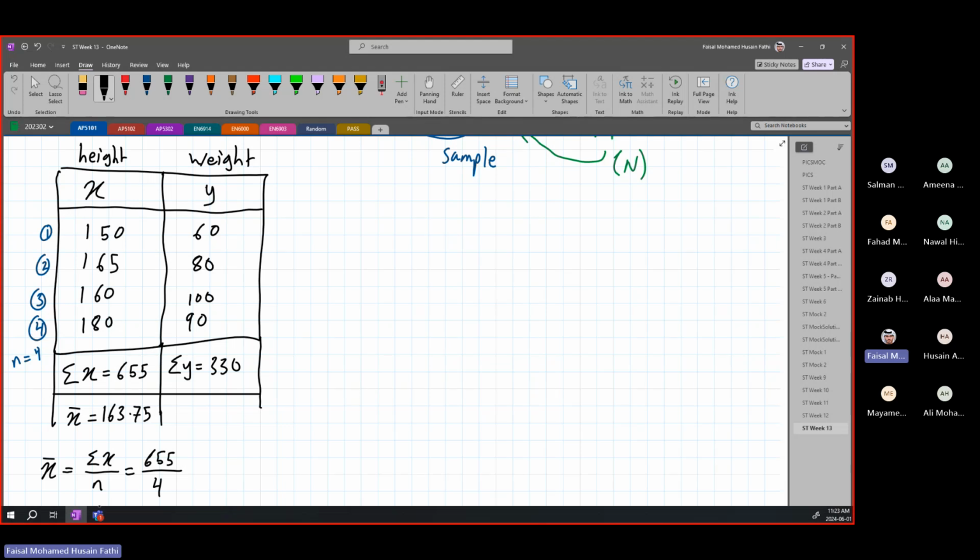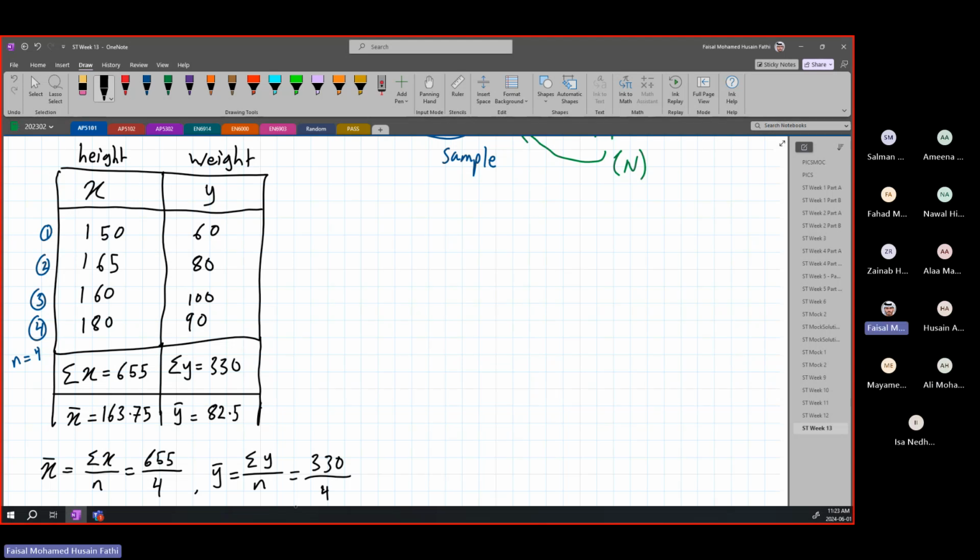So we found our first average. Same thing we're going to do for y. Y bar is simply the average, so it's sigma y over n, which is 330 divided by 4. That gives us 82.5.